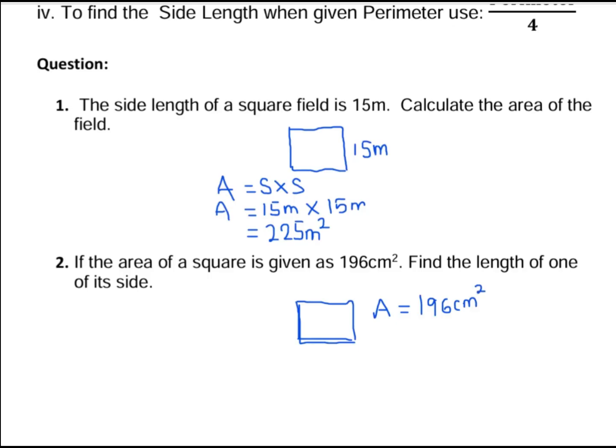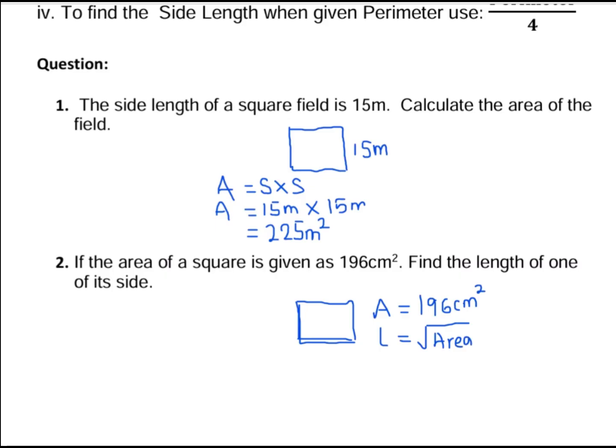So to find length, don't forget, that will be square root. Length equals square root of the area.